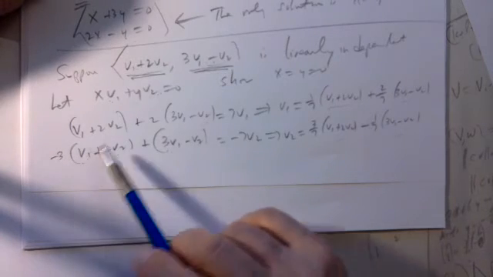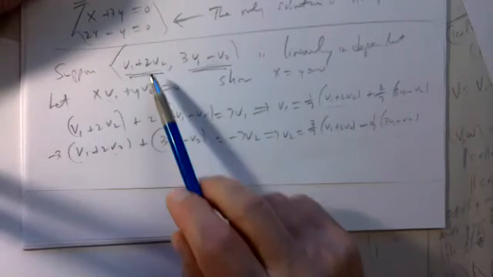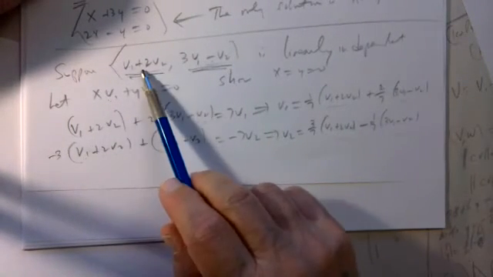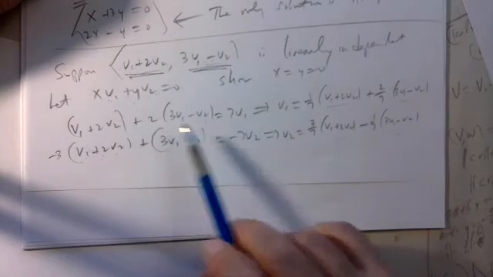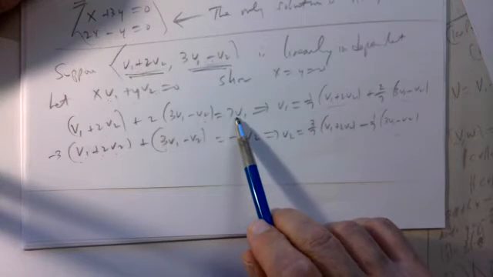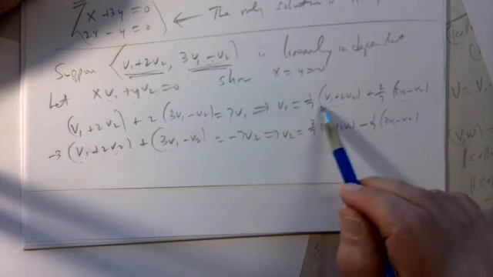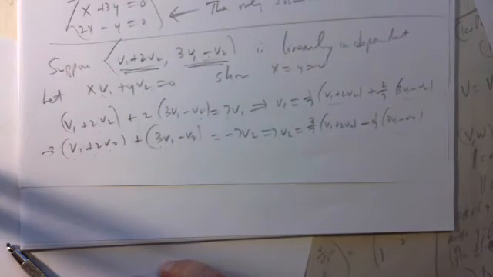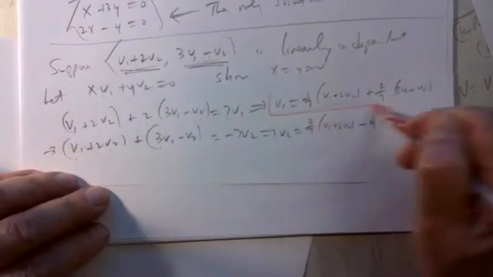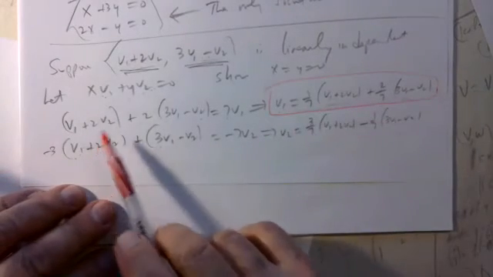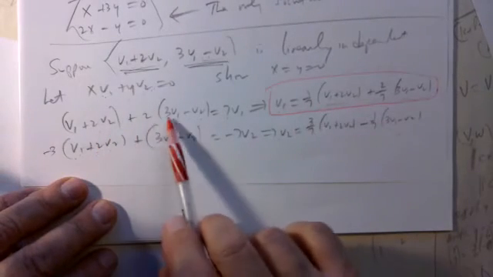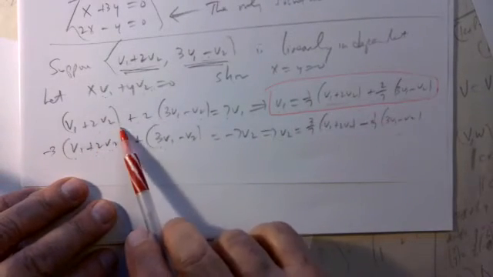So, for example, if I take this vector plus 2 times this vector, I get 7v1. So v1 divided by 7, v1 is equal to this. What I did from this is eliminate the v2.